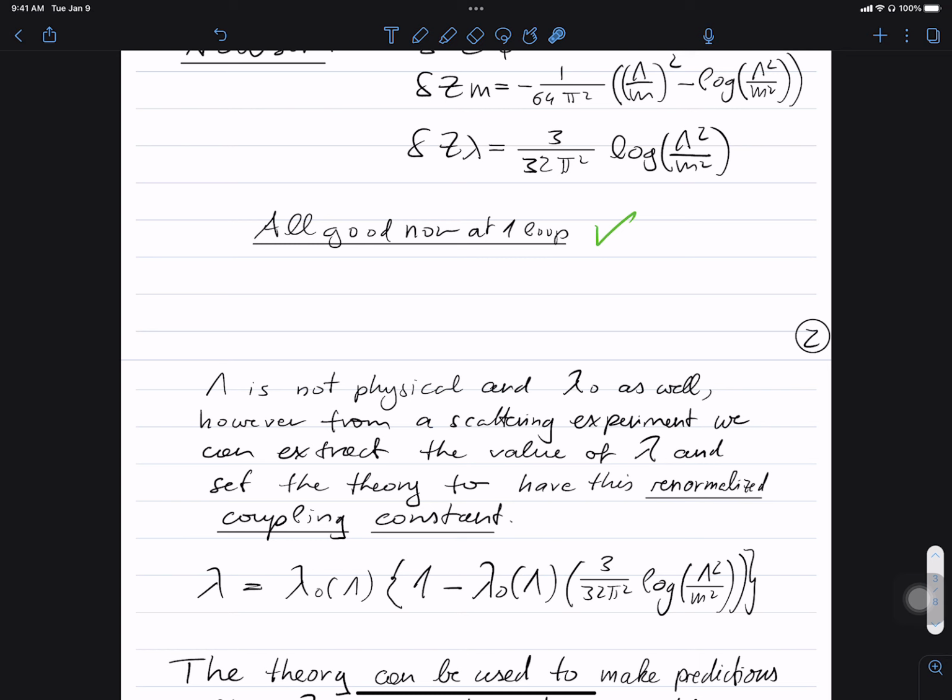So performing an experiment, for example a scattering of two particles to two particles, like P1, P2 scattering to Q1, Q2 momenta, allows us to compare the prediction to the experiment and extract the physical coupling constant lambda, and fix it.